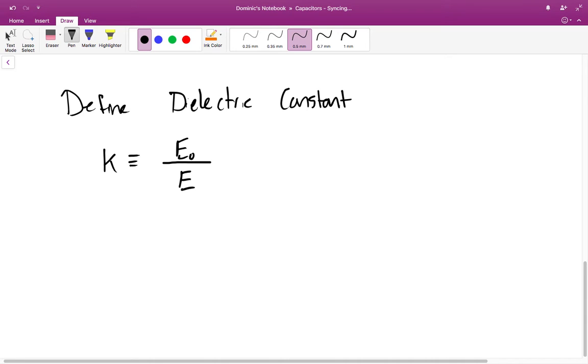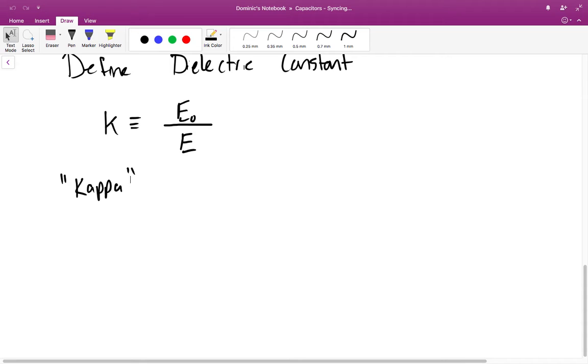Depending on the material put into our capacitor, either the problem will give us that value or they will ask us to find it.